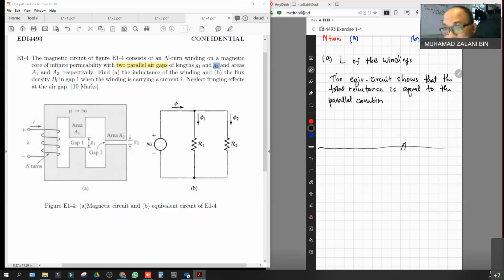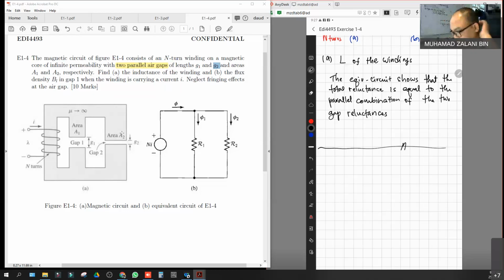Similar to the electric circuit, when we have two resistances in parallel, we should convert it to R total, or total reluctance, the combination of the two gap reluctances.